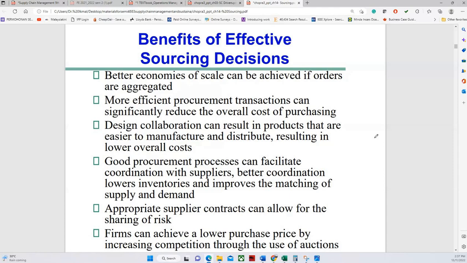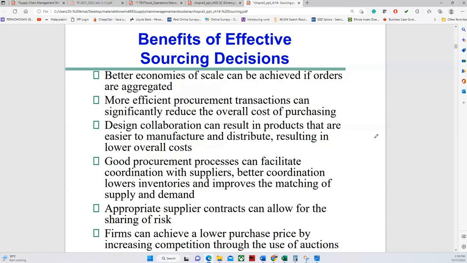So you can efficiently do the transaction, and you are going to reduce the cost of purchasing. And design collaboration can result in products that are easier to manufacture and distribute, resulting in lower overall cost. This is one of the benefits as well if you have an effective sourcing decision.